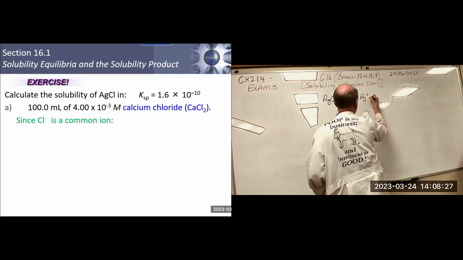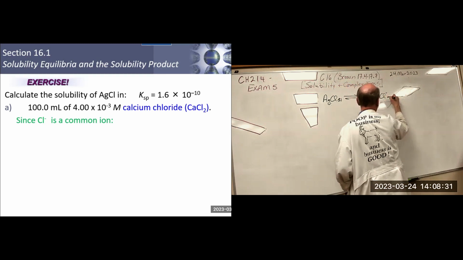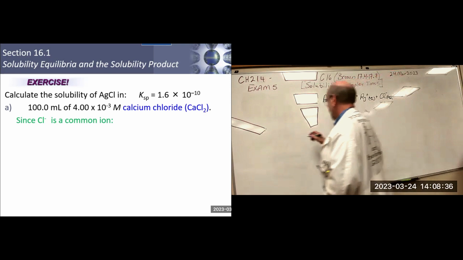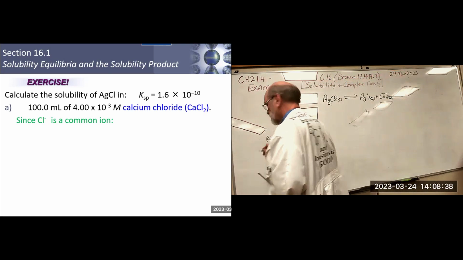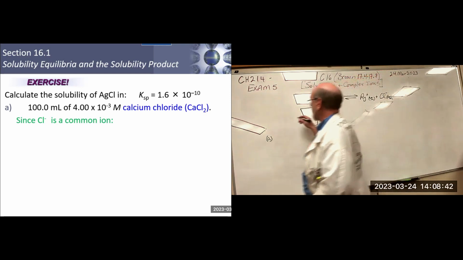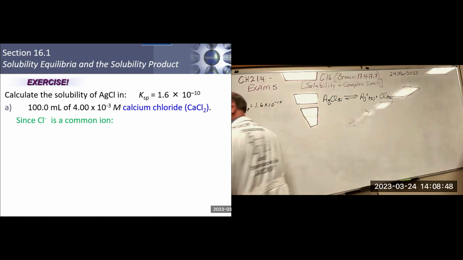Silver and chloride. Okay. So our first choice, A, is, well, let me put the KSP up here too. KSP equals 1.6 times 10 to the minus 10. I think that's what I saw.